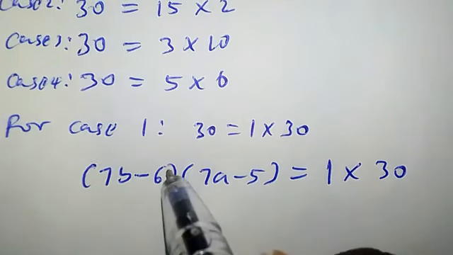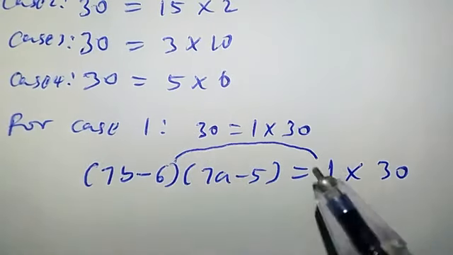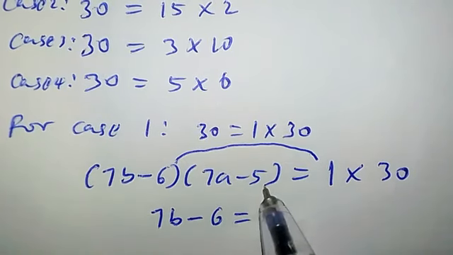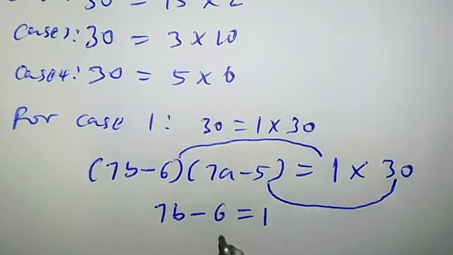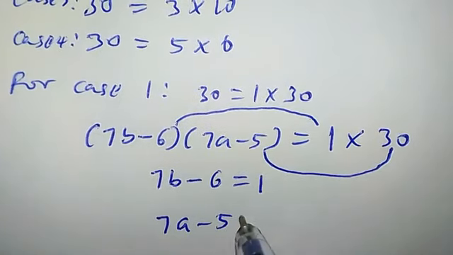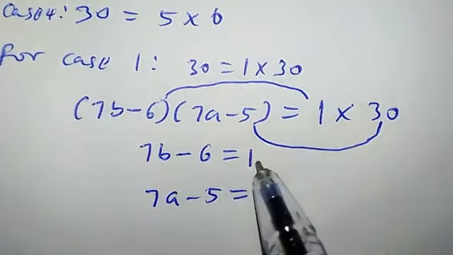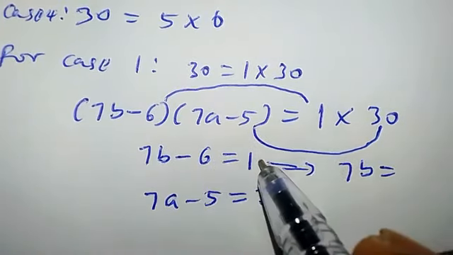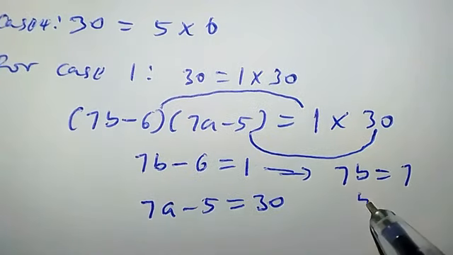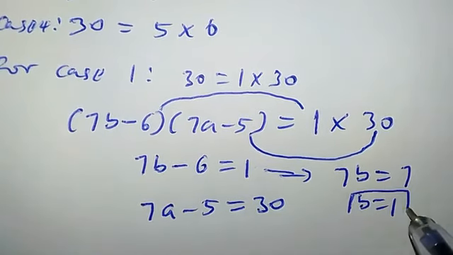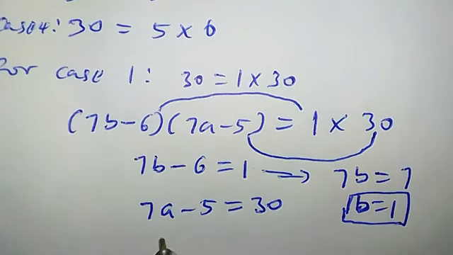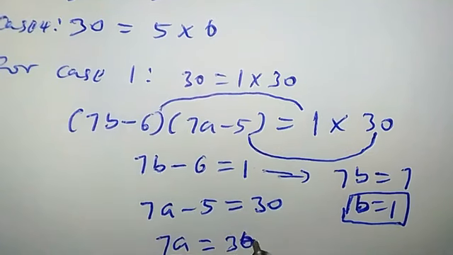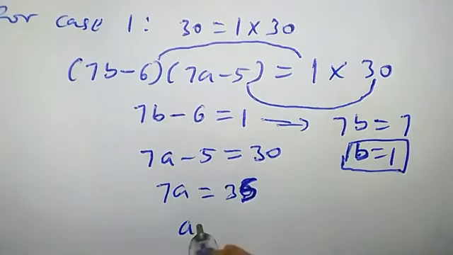By comparison, that will be 7b minus 6 equals 1, and comparing the second terms, 7a minus 5 equals 30. From the first, 7b equals 1 plus 6, which is 7. b equals 1 when you divide both sides by 7. So our value of b is 1. For the second equation, 7a equals 5 plus 30, that is 35. Dividing both sides by 7, our a equals 5.